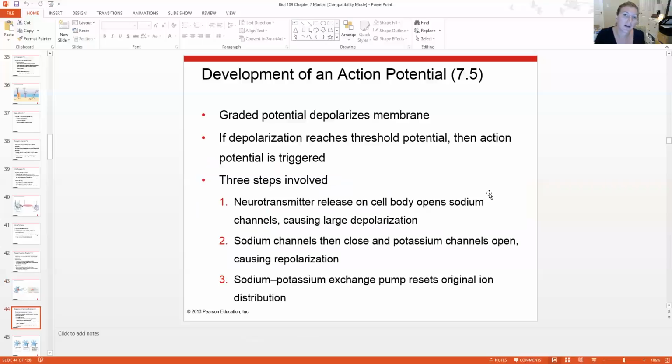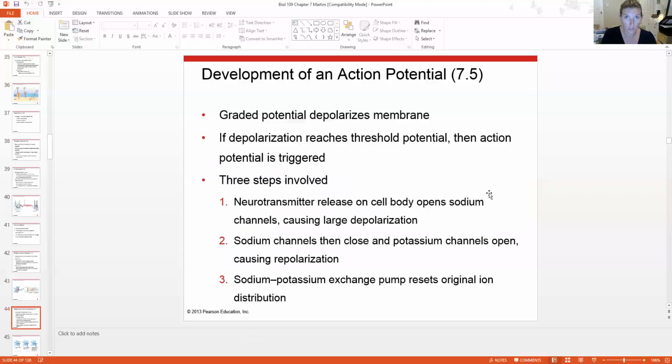So let's talk about how these action potentials are generated. That graded potential has to be there. If depolarization reaches threshold point, again, that tipping of the scale, that graded potential is strong enough that it makes our cell need to communicate to the postsynaptic cell, then the action potential is triggered. So you have neurotransmitter release on the cell to open the sodium channels.